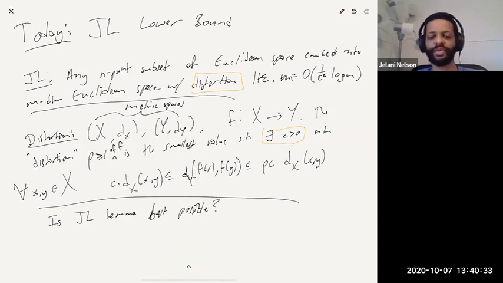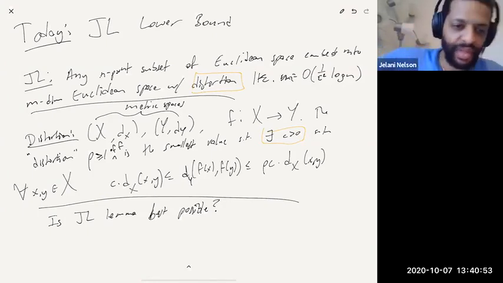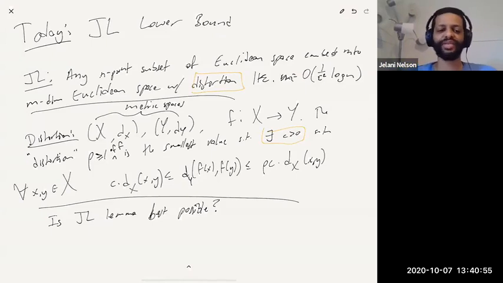So really the question is, for every epsilon and for every n, does there exist a bad point set with n points such that you cannot do better than JL if you want distortion 1 plus epsilon on those endpoints? And it turns out that the answer is yes, JL is the best possible.